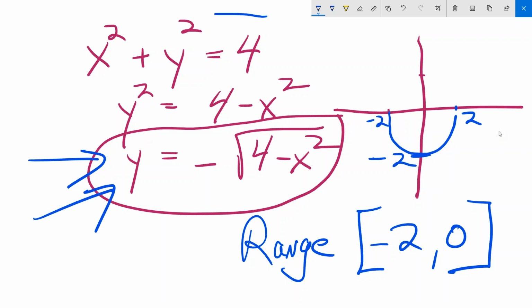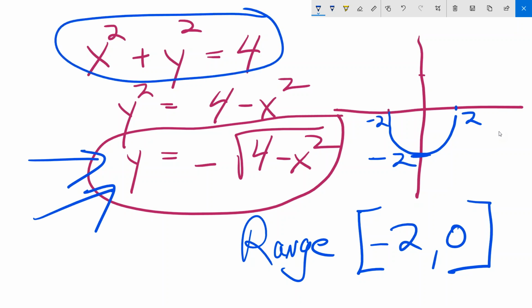The equation of a circle is not a function. But as long as I put the negative sign out in front of that radical, then I'm only referring to the lower half of that circle. If I wanted to refer to the upper half, I would make that negative sign a positive sign, and I would get the other half of that circle, this half.